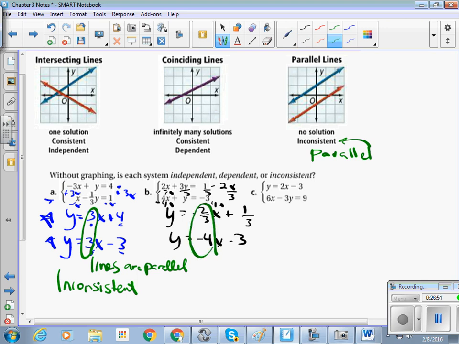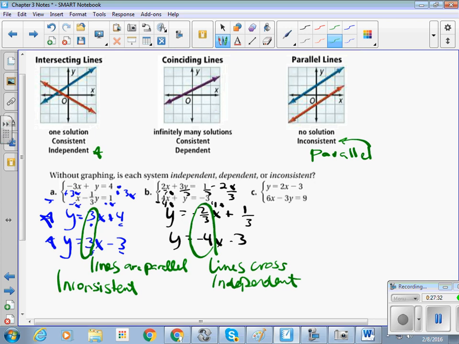The slopes are not equal, and one equation is not a multiple of the other. They're not the same equation. So we say that these are lines that cross. So that's the situation here, and we are independent. And they don't ask, but we are also consistent.